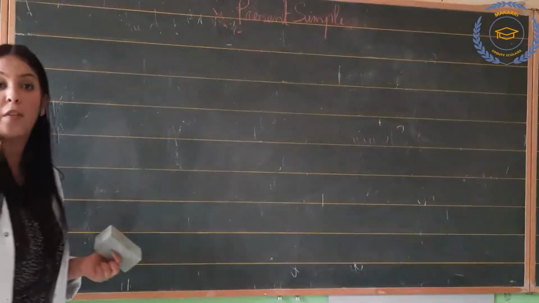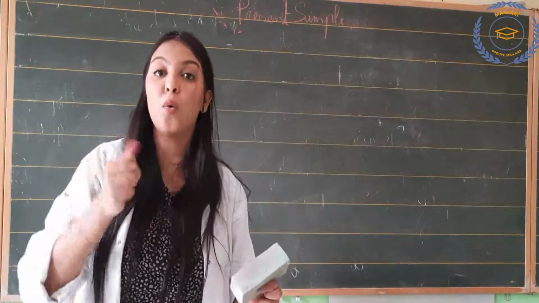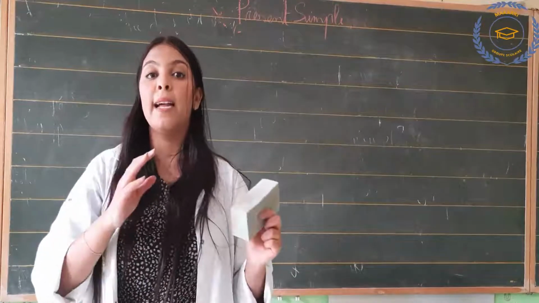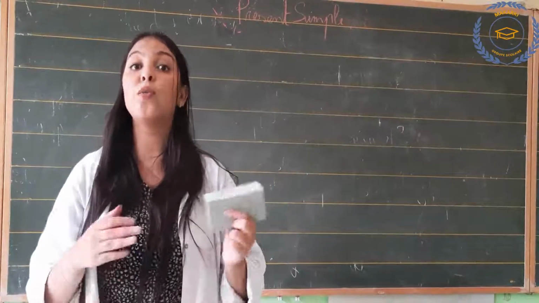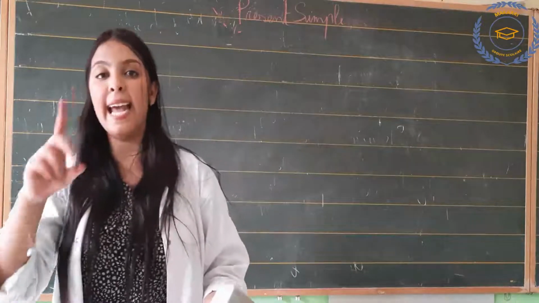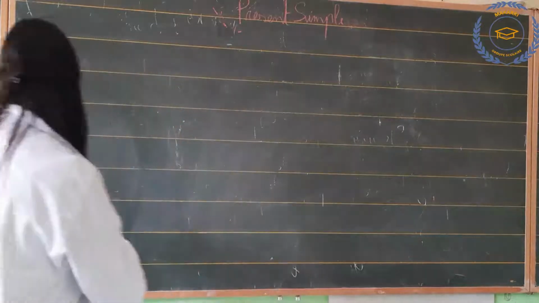If the verb ends with o, s, sh, ch, or z, we add es instead of s. Okay?